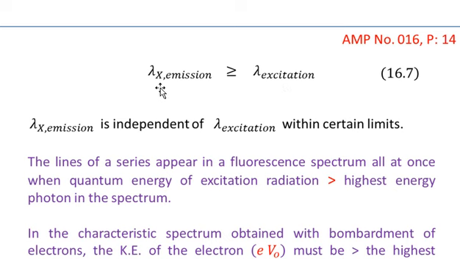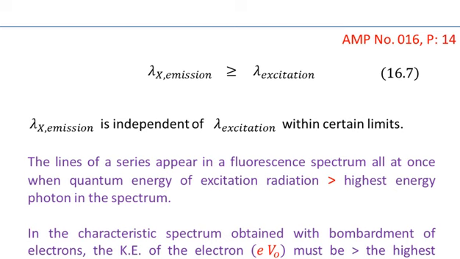So the lambda X-ray that will be emitted through the optical excitation of such materials, the lambda X emission, will be greater than the lambda excitation. So lambda X emission is independent of lambda excitation within a certain limit. Although there are many parameters on which this can depend, we are not going to discuss those parameters.